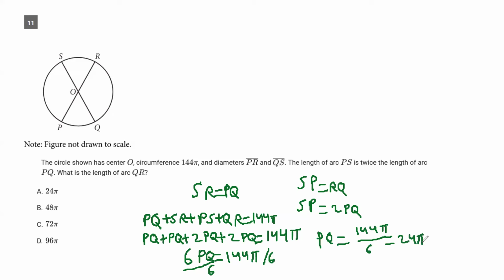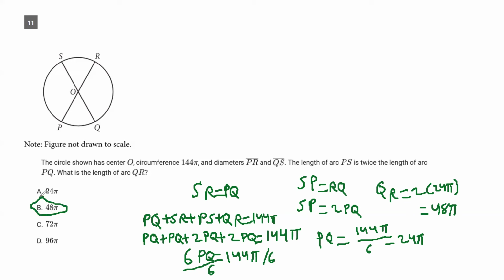And then it's asking for QR, which remember was 2 PQ, so we're going to double it. 2 times 24 pi. You get 48 pi. And that is B.